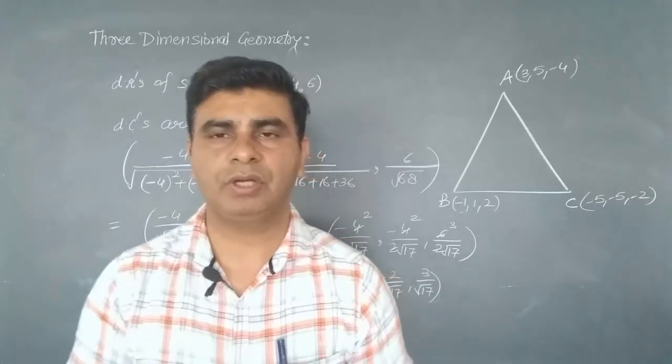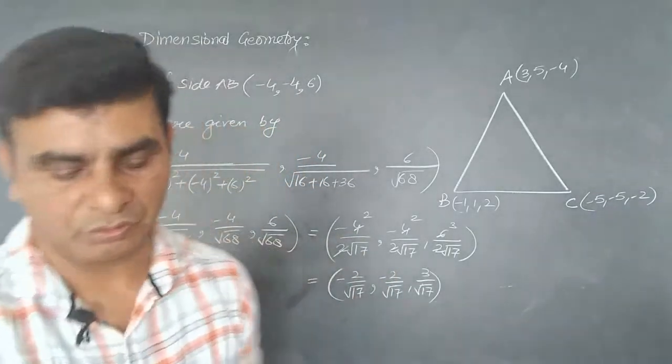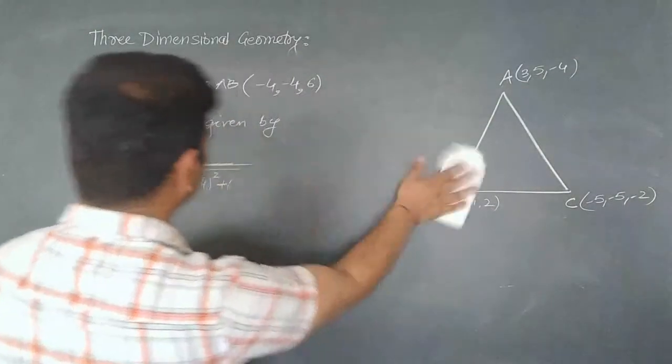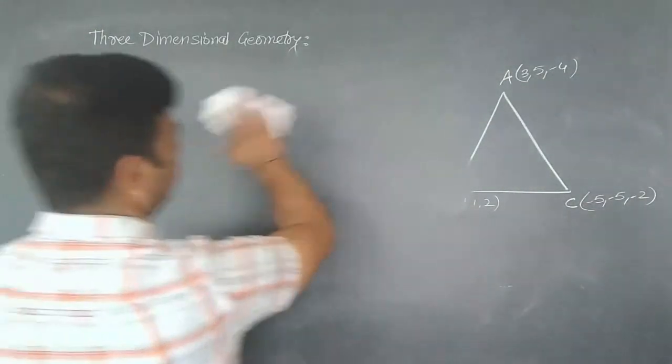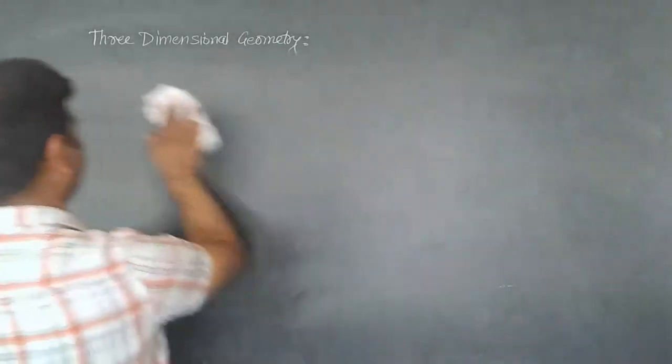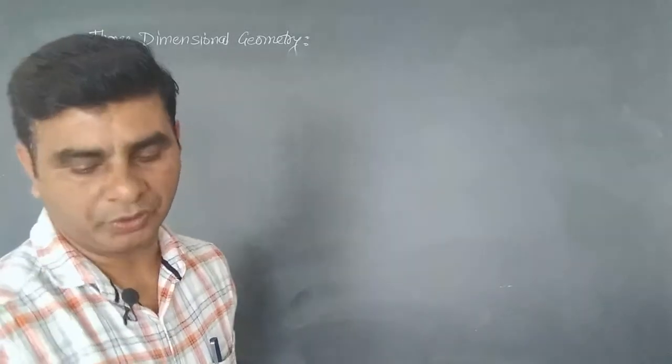And dear students, one more thing I want to tell you in this video, which is the basics of your exercise 11.1, in which we will find the coordinates or the position vector of a point which divides the line joining two other points.